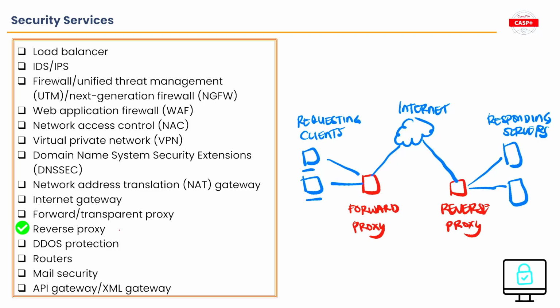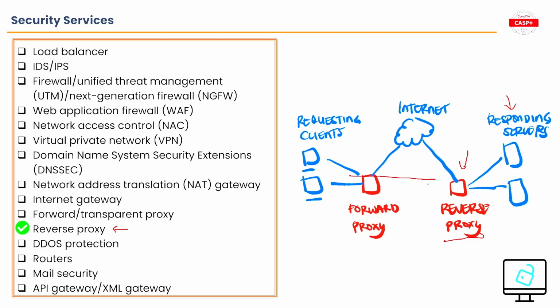Now the next one is the reverse proxy, which is exactly the reverse process of the forward proxy. So what's a reverse proxy? A server that sits in front of one or more web servers, and intercepts requests from clients, is called a reverse proxy.